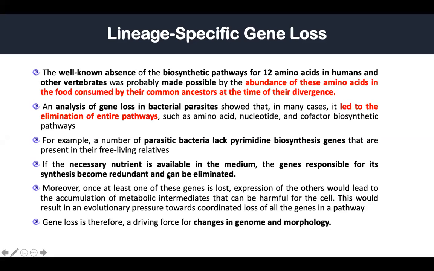But when at least one of these genes is lost, there will be an accumulation of another metabolic product, because the other genes are still active and they're still producing their proteins. There's an over accumulation of a protein product. And over accumulation of any protein product, as you know, will cause damage to the cell. So it can turn harmful.